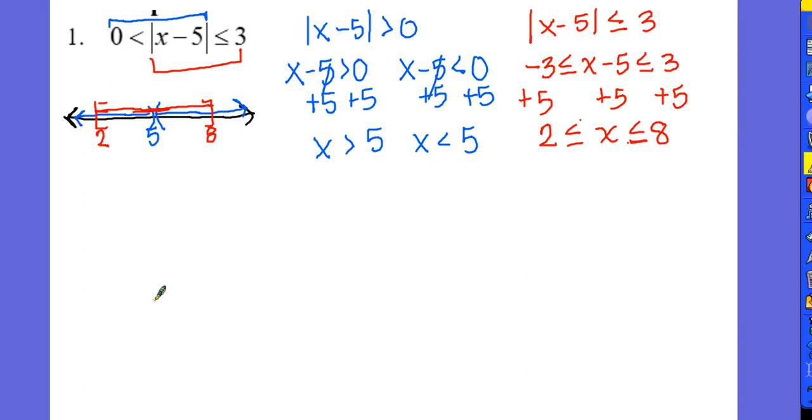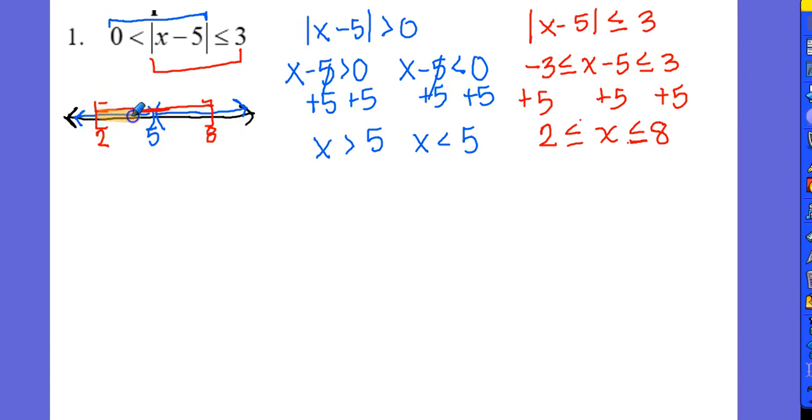So you're looking for your double lines, which occur between 2 and 5, and 5 and 8. So if you are going to use the double lines on your graph, you're going to look for the overlap before you finish the problem and you walk away from your graph, because this graph is not the correct graph. It won't be correct until you somehow identify what the solution is.